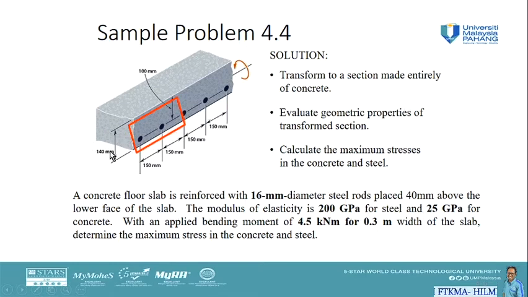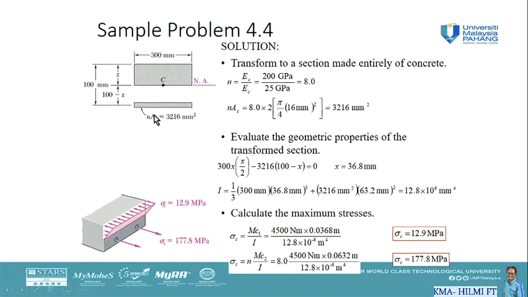We have 140, the height of the concrete itself, and then we have 40 millimeter of the steel rods located here. So we know that from the upper slab face to the bottom of the steel rods, the distance will be 100 millimeter.